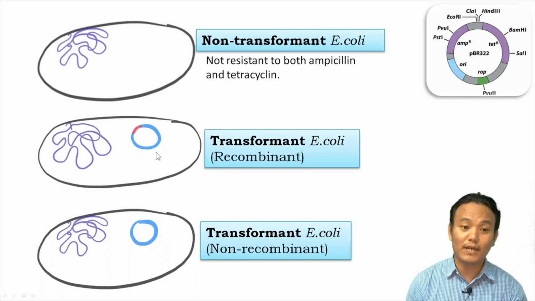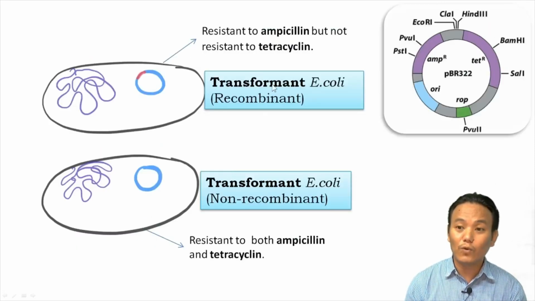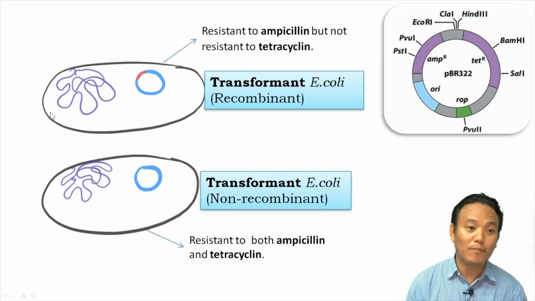That is the main goal, in order to understand, right? Now, if you recollect, we used BamHI. If we use BamHI, it will introduce the foreign DNA right in the middle of the tetracycline resistance gene. Therefore, the recombinant DNA will have an inactive tetracycline resistance gene, and therefore the bacteria will be resistant to ampicillin, but it will not be resistant to tetracycline.